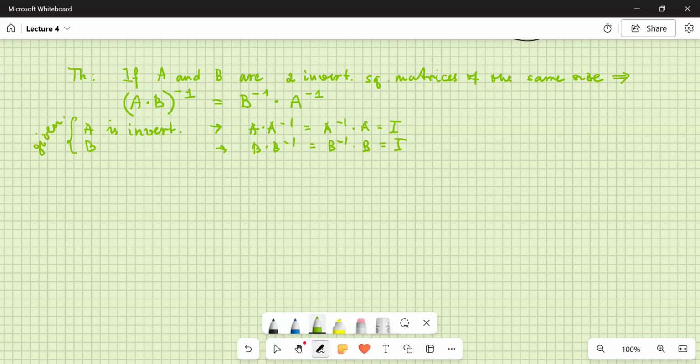Now, we need to prove that the AB product multiplied by its inverse, and we are stating that the inverse of AB equals this expression, B inverse by A inverse, is equal to identity.